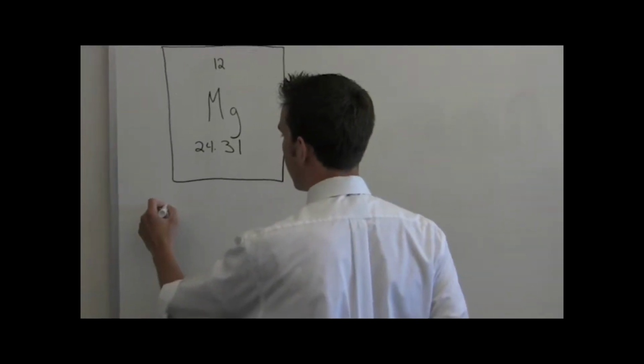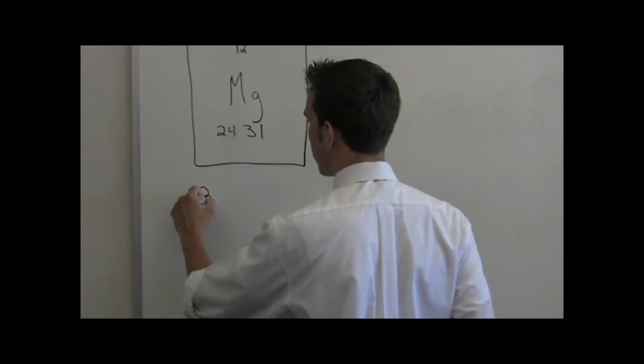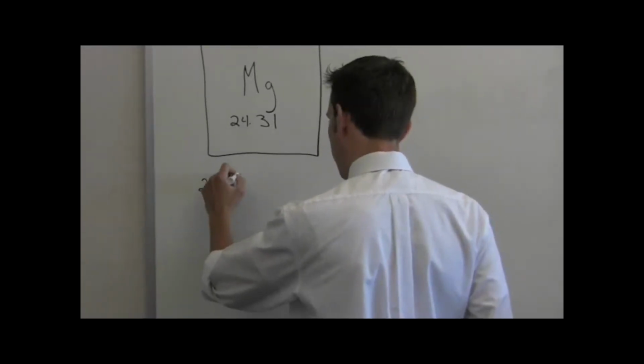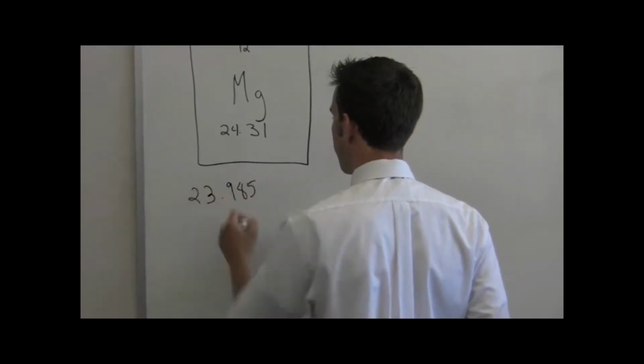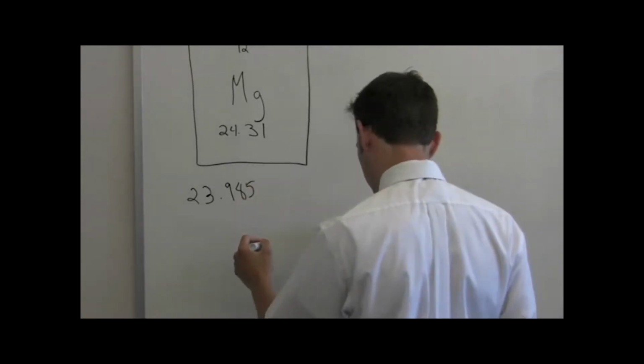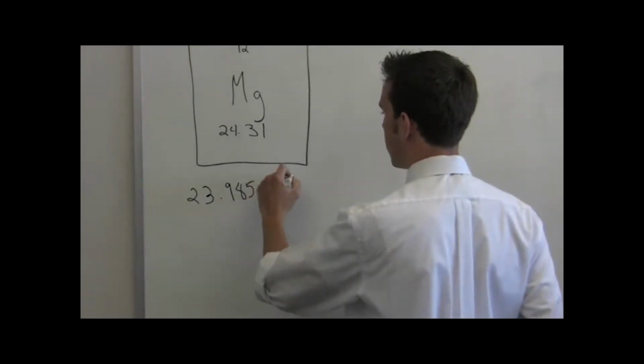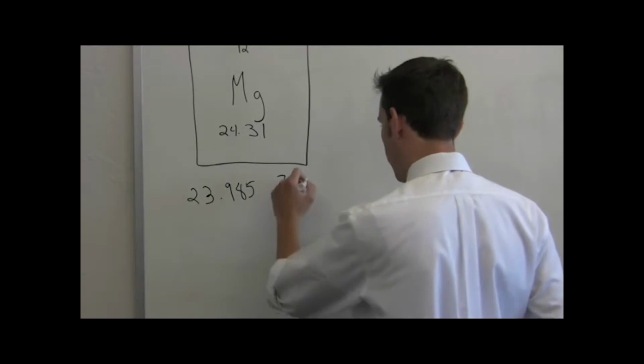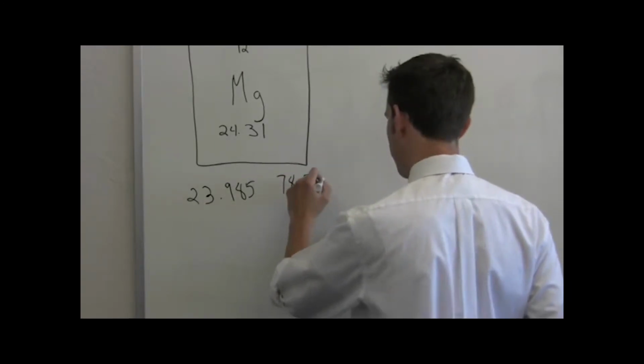We have the isotope of 23.985, and that comes in a percent abundance of 78.70.